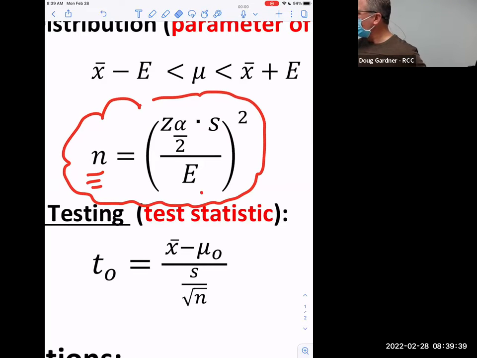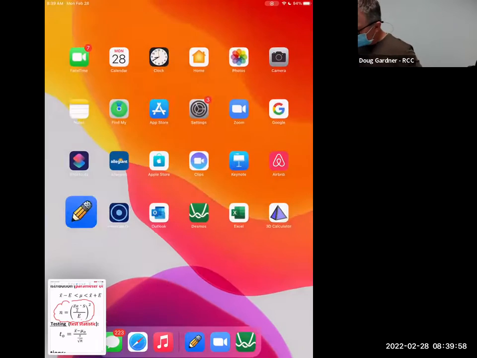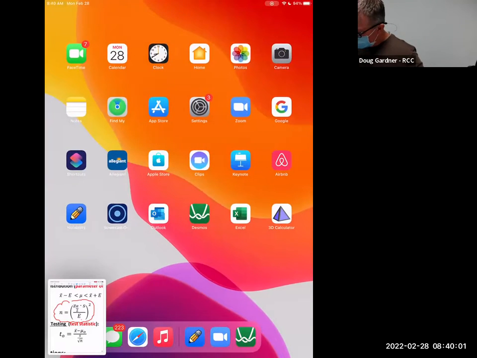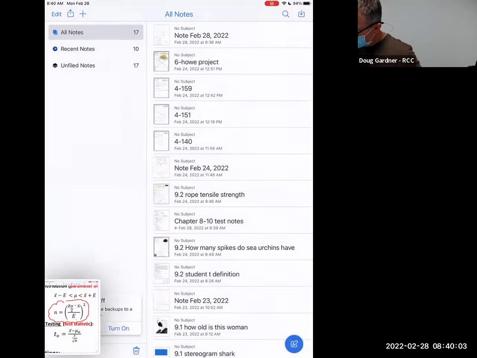In other words, because we knew n was 15, we were able to stick in the degrees of freedom of 14, but notice here we don't know what n is. The whole point of this formula is to find n. So we basically have to just use the normal distribution, even though it doesn't fit quite as good. That's kind of the logic of this. So let's go use that. See if we can get an answer.